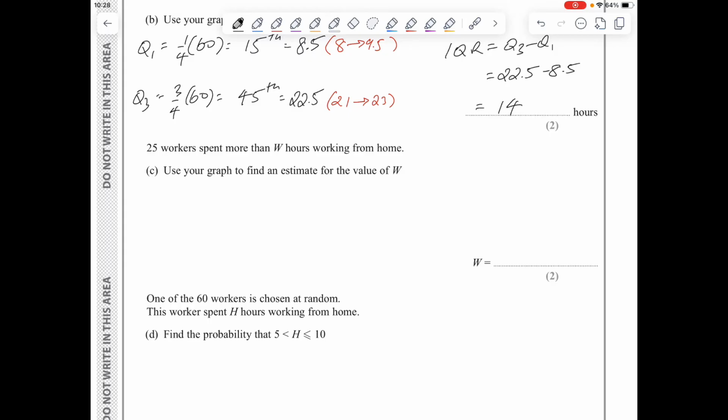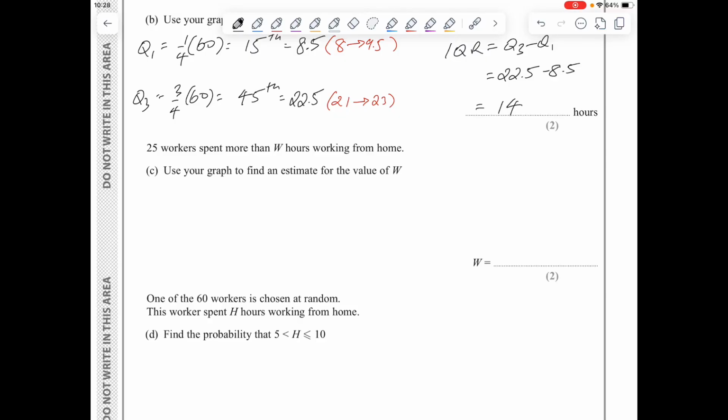For part C, it says 25 workers spend more than W hours working from home. We need to find an estimate for the value of W. Note that we have a cumulative graph, which means it works in terms of less than something.